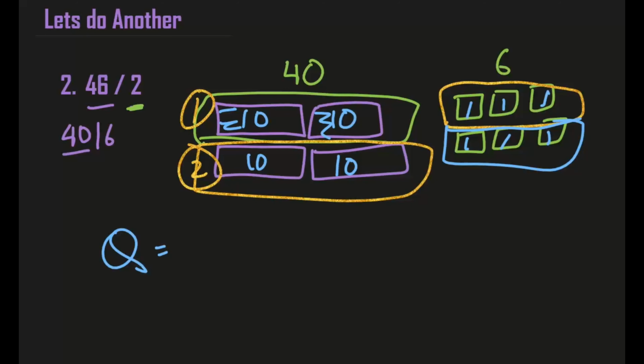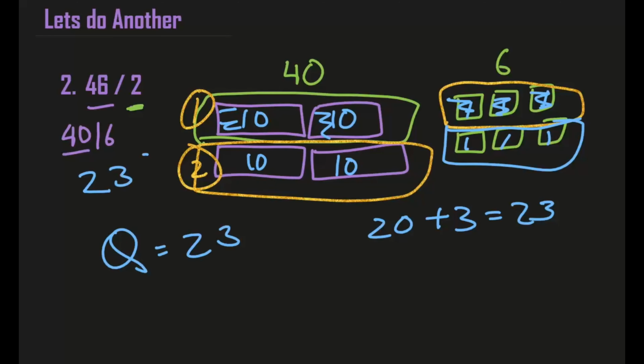And in the one with ones blocks, we have 3 in each one. So 1, 2, 3. So all we're gonna do is add. So 20 plus 3. 20 plus 3 equals 23. That means our quotient, our answer, equals 23. And no remainders.